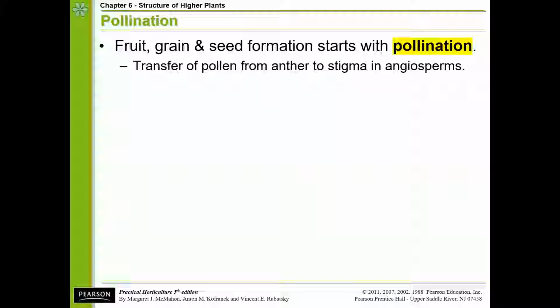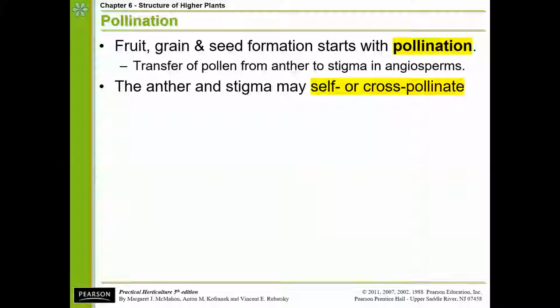A lot of people actually miss this one here on the pollination front. Fruit, grain, and seed formation begins with pollination. And some people put fertilization down there, and I think I'm going to go back and count that because they're pretty close there.